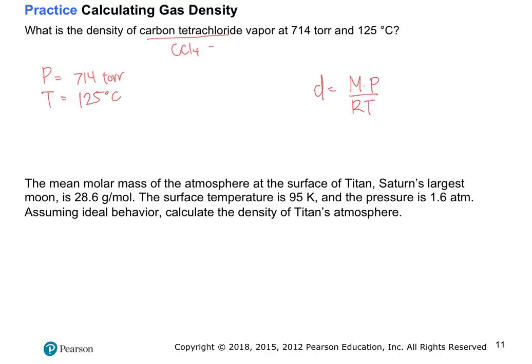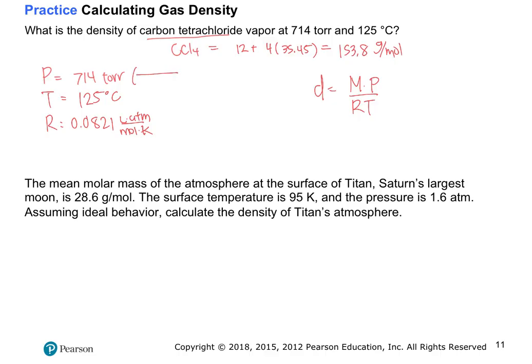So the molar mass of carbon is 12, plus we have 4 chlorines and their molar masses are 35.45. This gives me a molar mass of 153.8 grams per mole. All right, and then we know our R is 0.0821 liter atmosphere per mole Kelvin. A good reminder of our units.